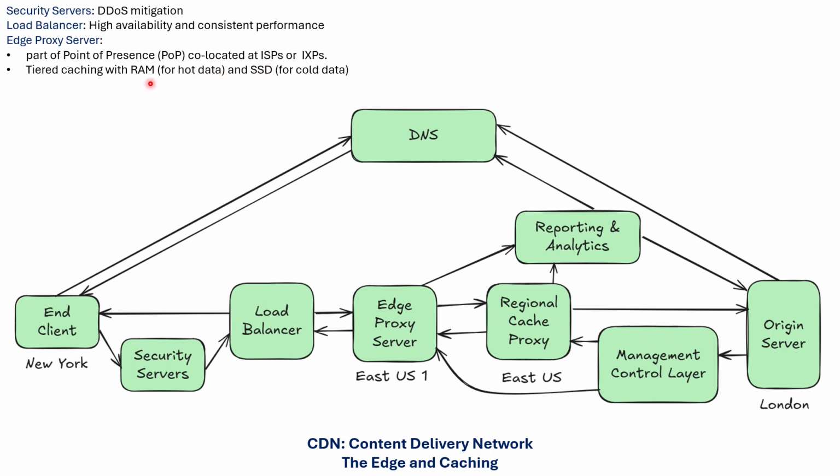It is slower than RAM, but it is still much faster than our traditional hard drives or going directly to our origin server. It stores what we call the cold data, like the movies that are less frequently watched but still need to be served quickly, while the most popular movies can be part of this hot data storage.